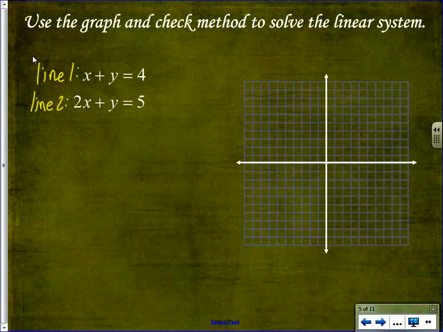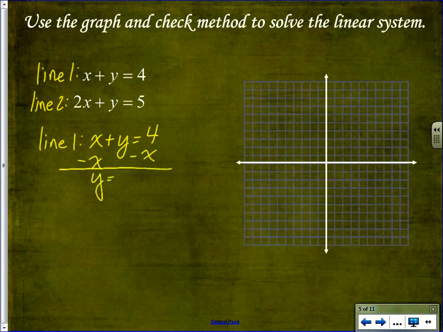Okay. So for line 1, is it in the correct form to graph? What do I need to do? Subtract x. Good. And I get y equals negative x plus 4. So what's my slope? Negative 1 over 1.